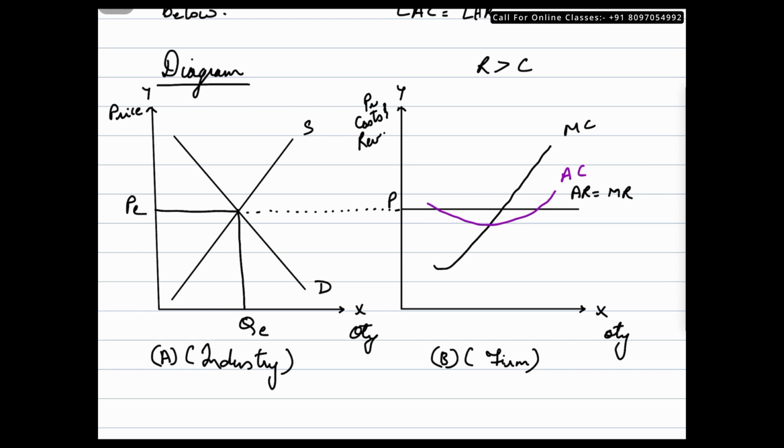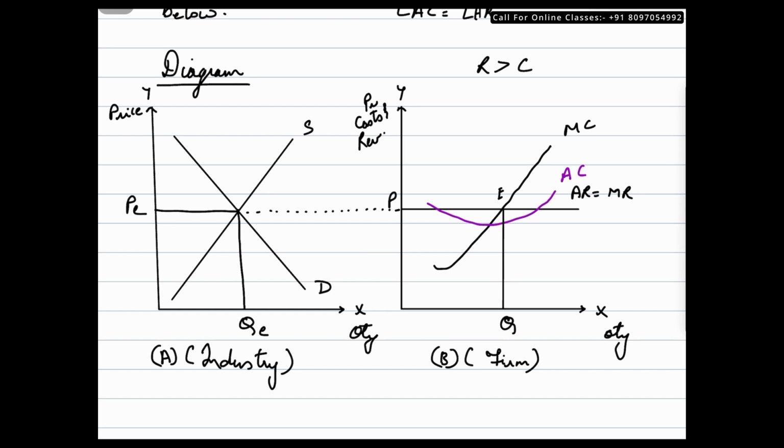So whenever we draw the marginal cost curve and the average cost curve intersecting each other, we need to remember that MC will intersect or cut AC when AC is at its minimum point. Alright. Now from this point of intersection, we drop a perpendicular down to get the output for this particular firm. Let us say this is the quantity of the firm at the equilibrium level E.